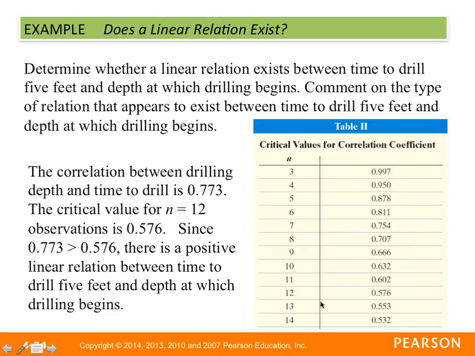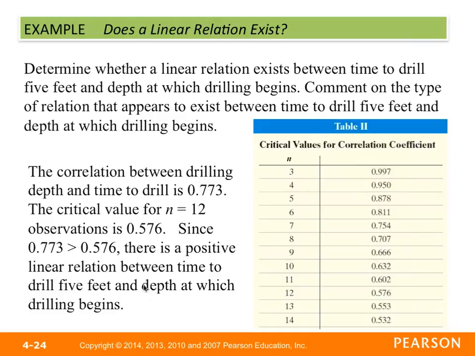So that means that with 12 observations, if you have a correlation coefficient of at least 0.576, then you are going to have a linear relation. So if we take a look at this, 0.773 is definitely greater than 0.576, so we can say that there is a positive linear relation between time and depth.